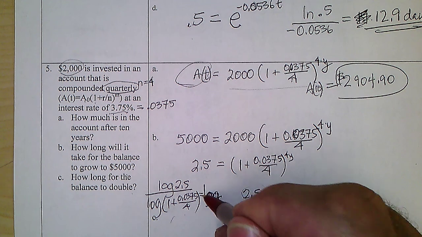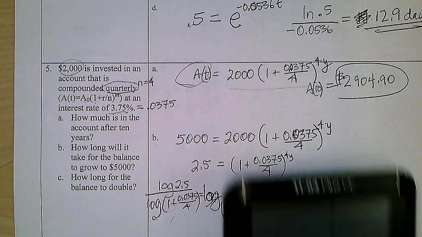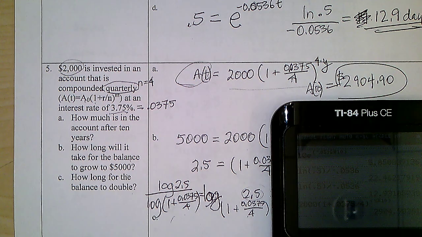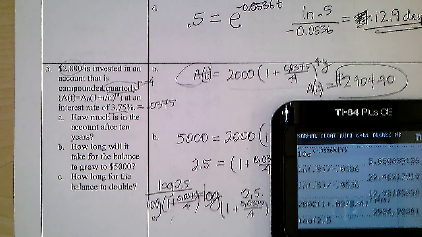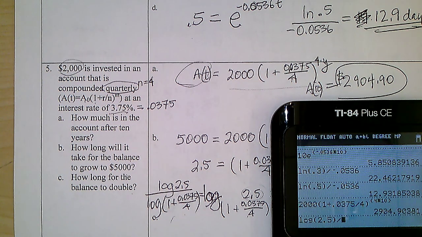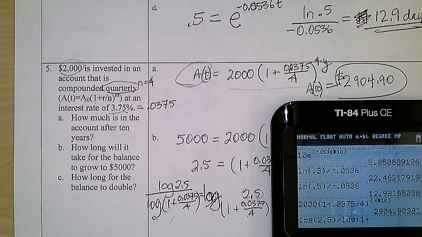And that's what's going to equal 4y. So I'm going to have to take the answer and divide it by 4. So let's figure out that number. So I'm going to type in log of 2.5, close parentheses, divided by log of 1 plus 0.0375 divided by 4.